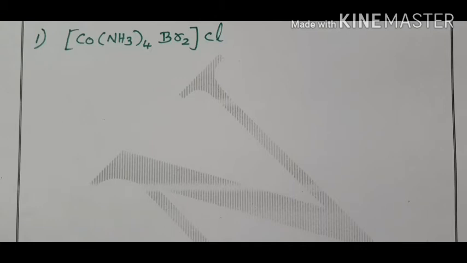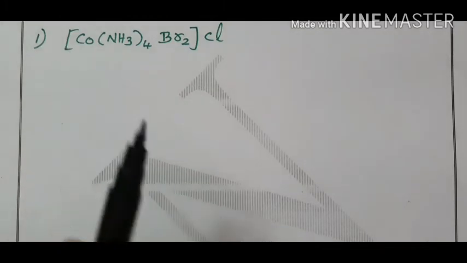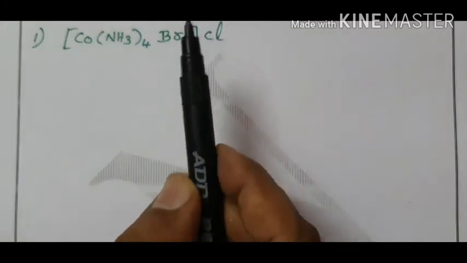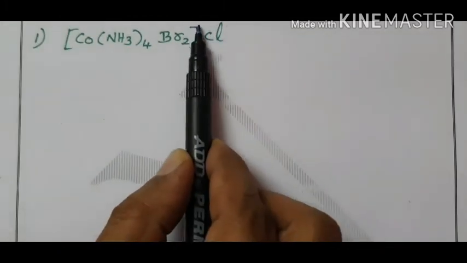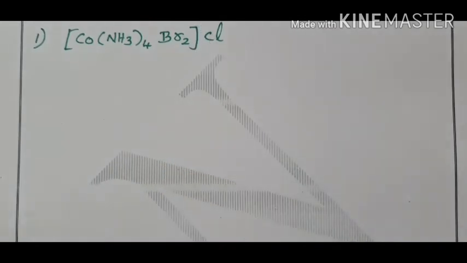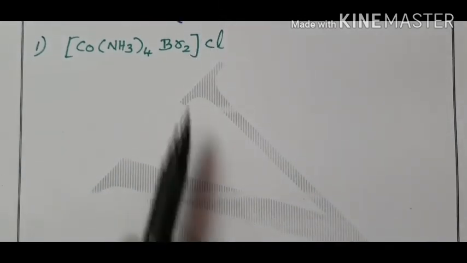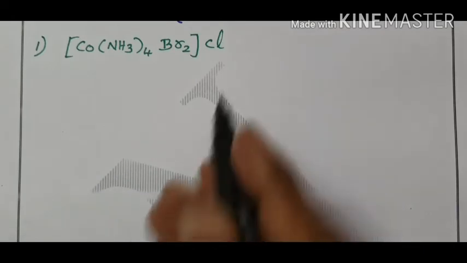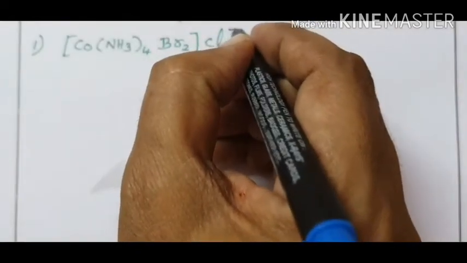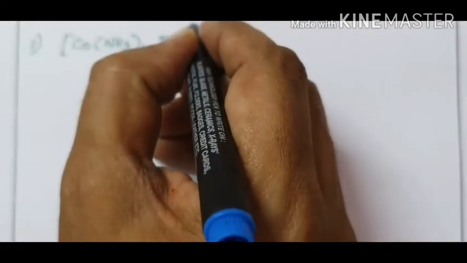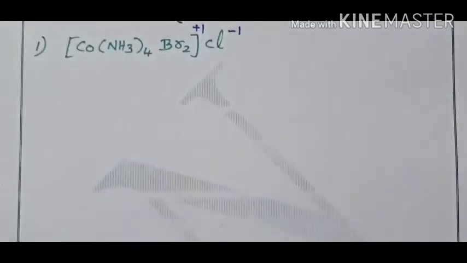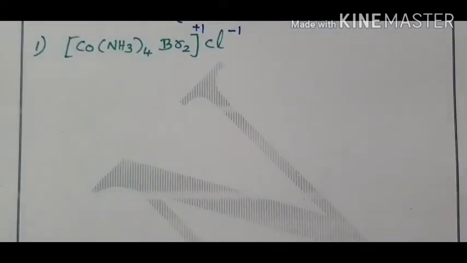To find the oxidation state of cobalt in this complex, first we should know the charge on the coordination sphere. What is the charge on the coordination sphere? Chlorine is -1, so the charge on the complex is +1.